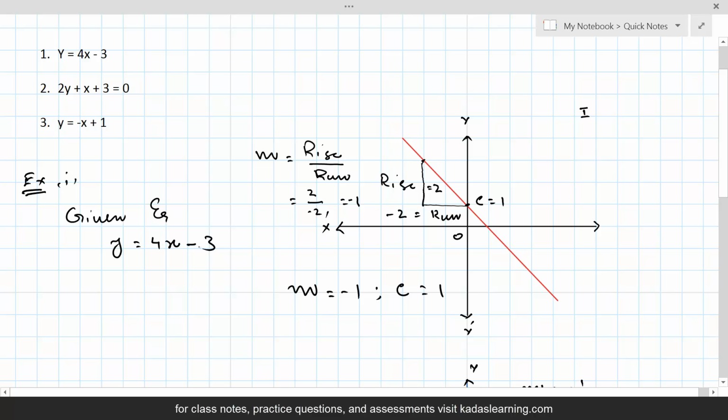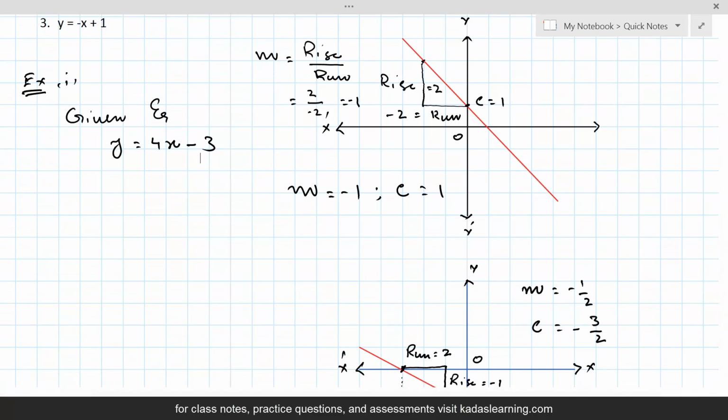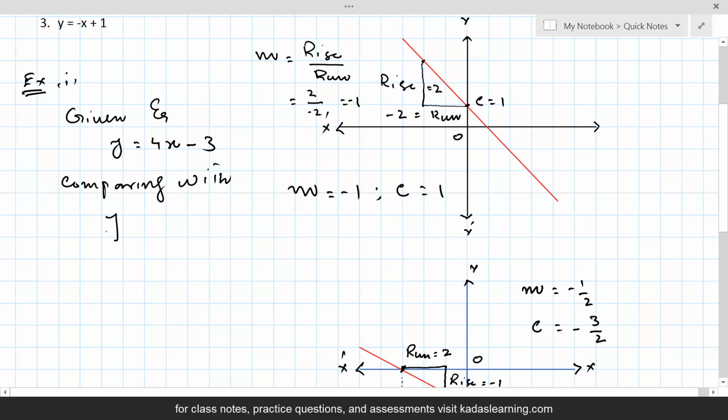In order to find slope and y-intercept, always compare given equation of line with y is equal to mx plus c, the slope-intercept form of the line. So that's why comparing with y is equal to mx plus c, clearly m is equal to 4 and c is equal to -3.